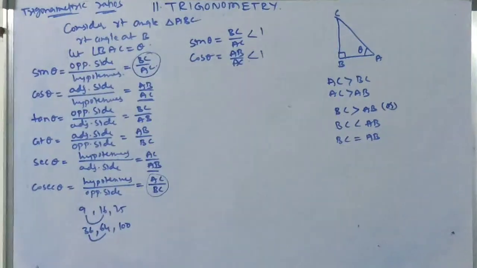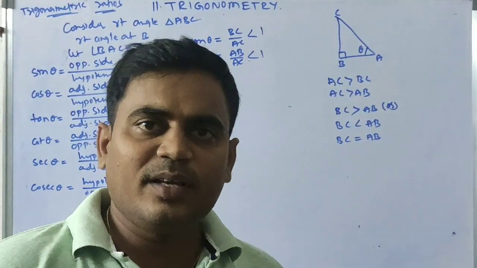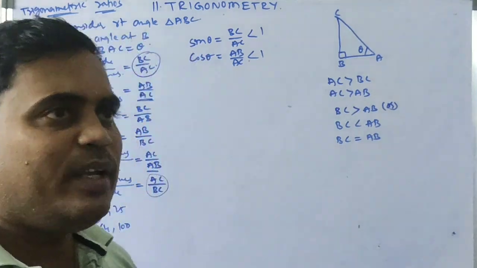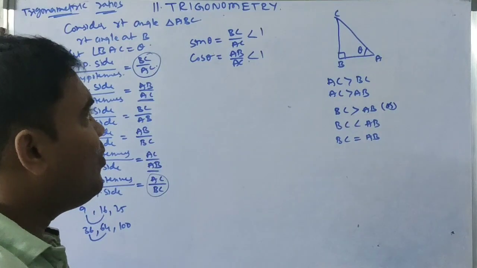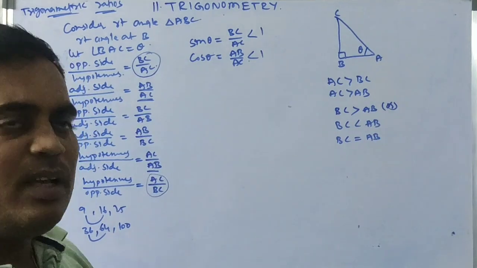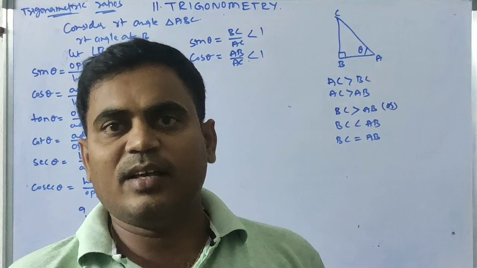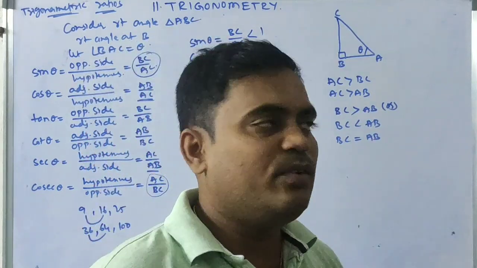So either the numerator is bigger, or the denominator is bigger, or both are equal. So it takes all the values: it can be greater than 1, it can be less than 1, considering all the values.